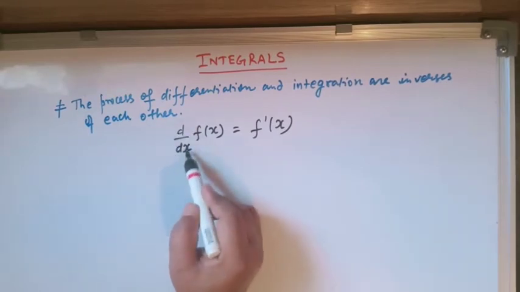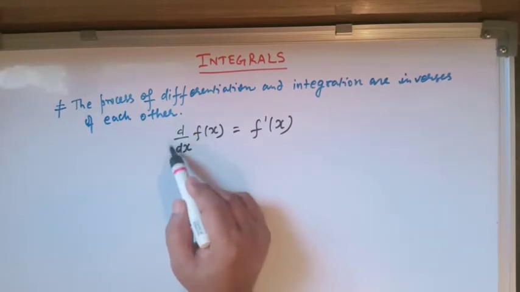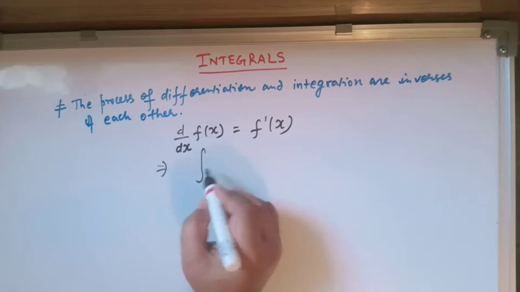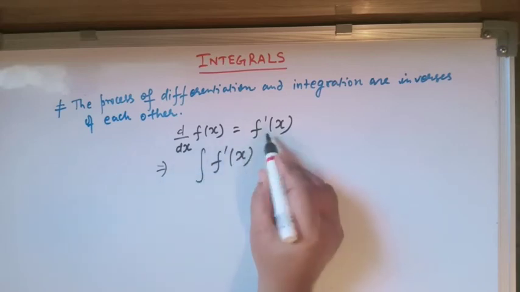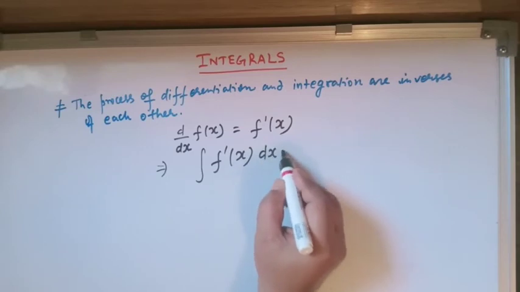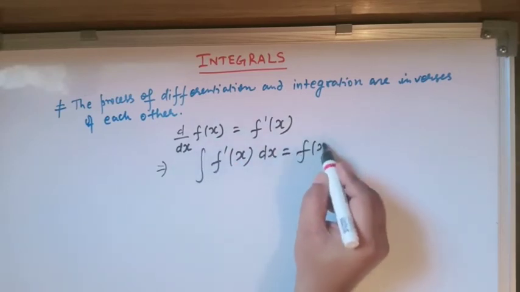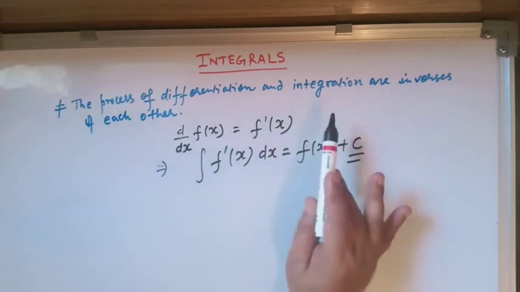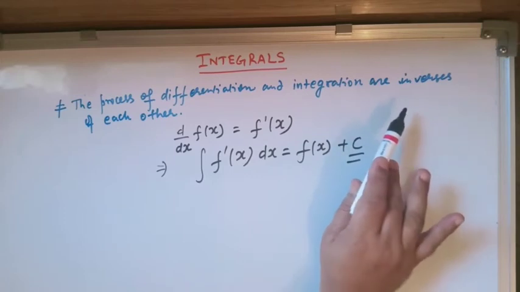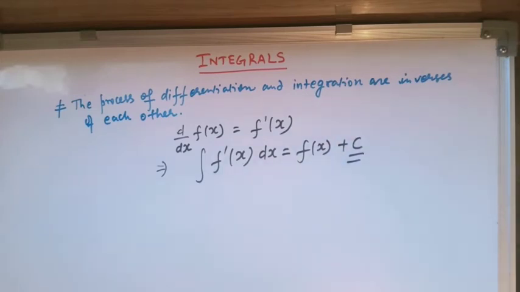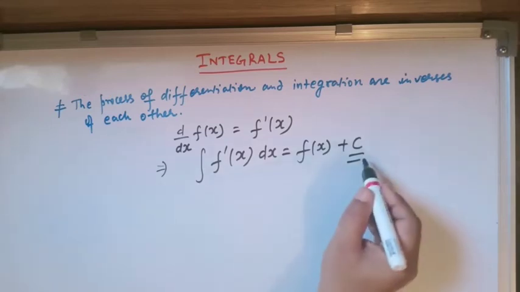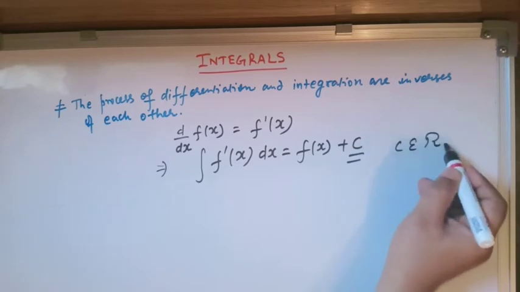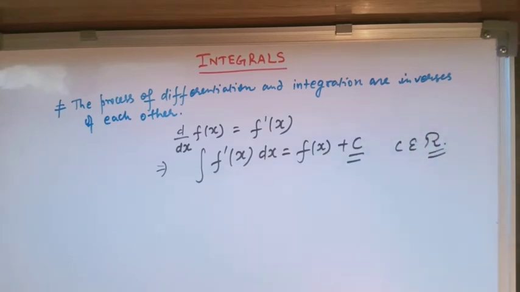Now this is the operator, so the derivative of f is f prime of x. So it means that the integral of f prime of x dx is equal to f of x plus c. Clear? So the processes of differentiation and integration are inverses of each other. Clear? And here c is the arbitrary constant, and c belongs to the set of real numbers. Clear?